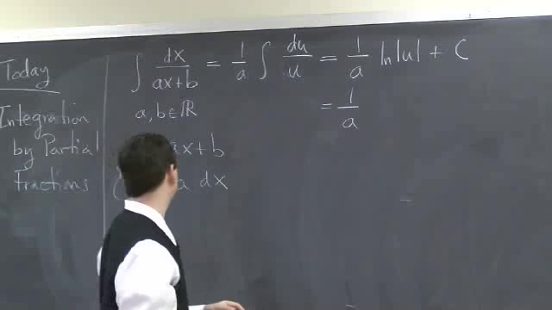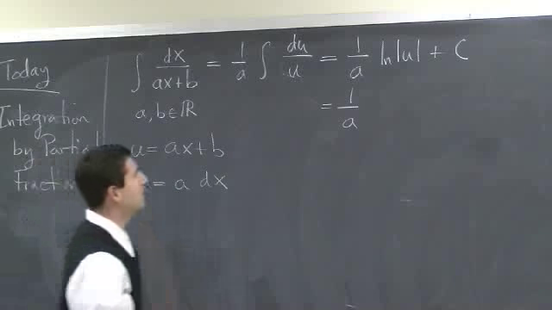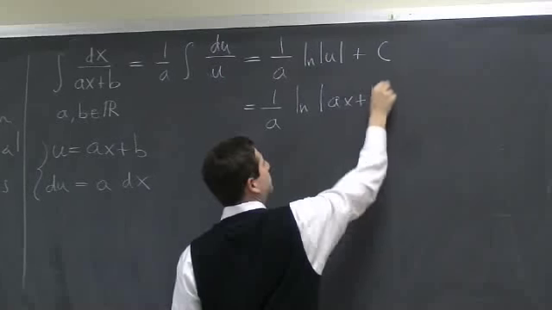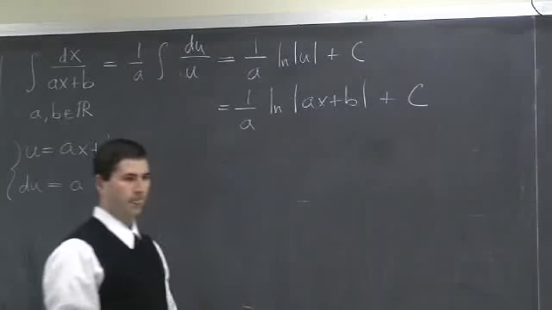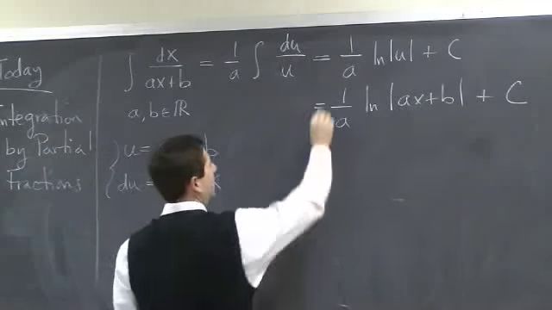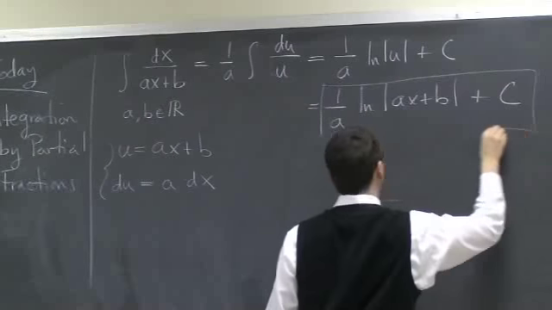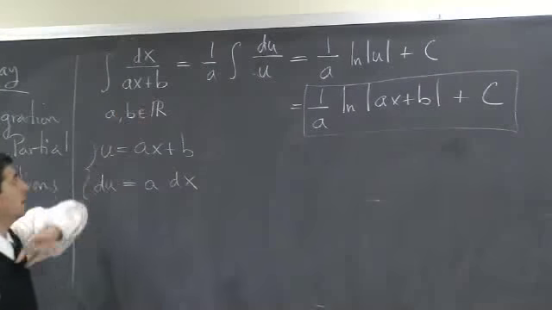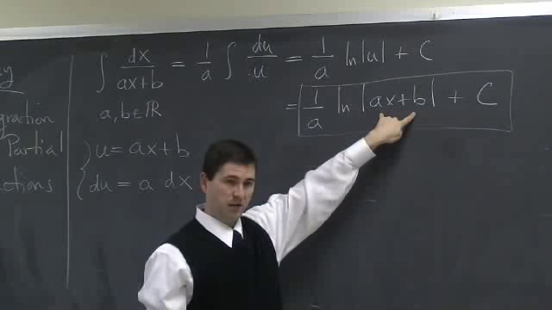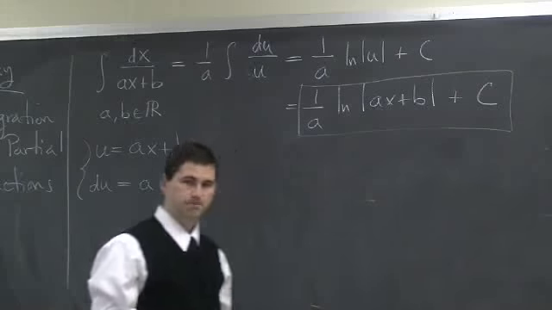Fill in the blanks. Okay, so this is very nice. Whenever we have an integral of the form dx over ax plus b, we can immediately write 1 over a ln of the absolute value of ax plus b plus a constant.